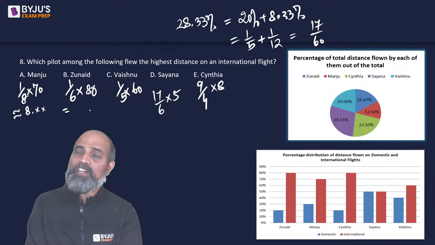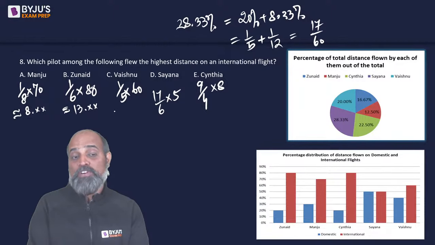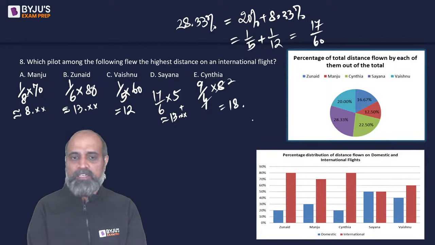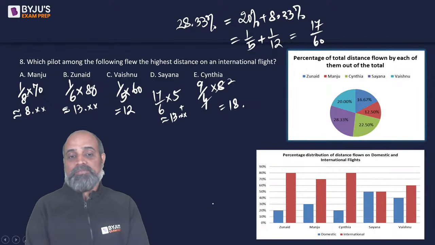80/6 is definitely going to be 13 point something, because 13 into 6 is 78. 60/5 is exactly 12. 17 into 5 is 85. 85/6 is definitely going to be more than 13 point something. And next is this 2, this is 9 into 2, 18.